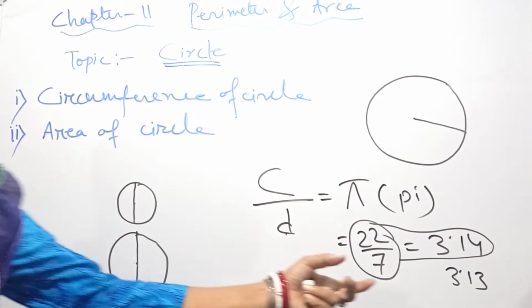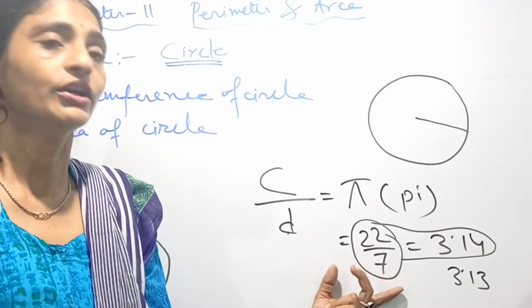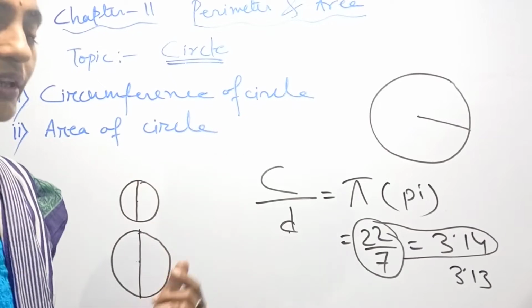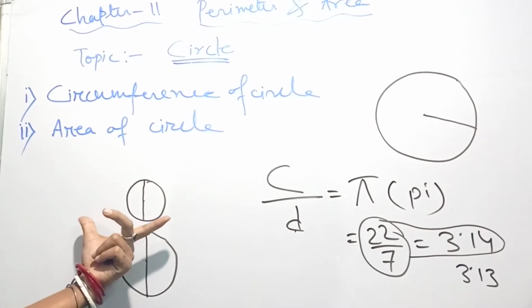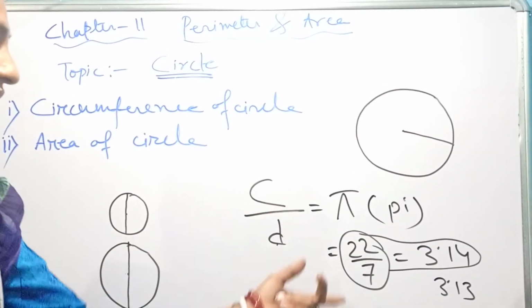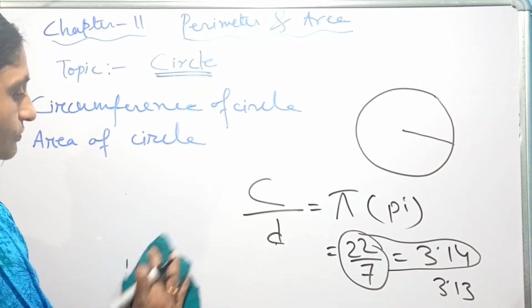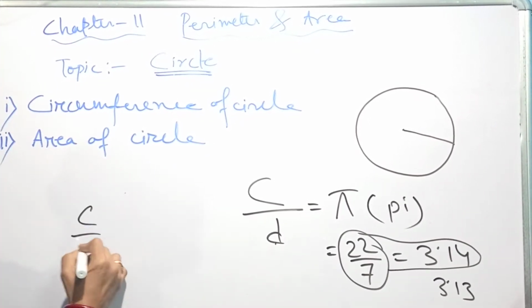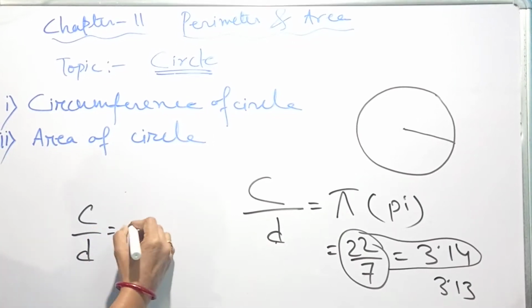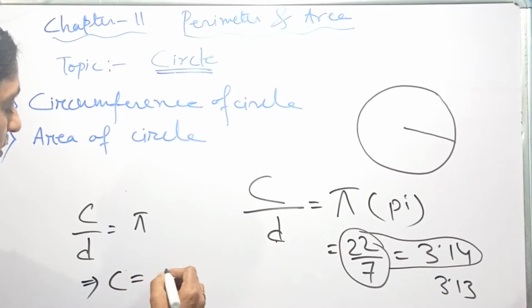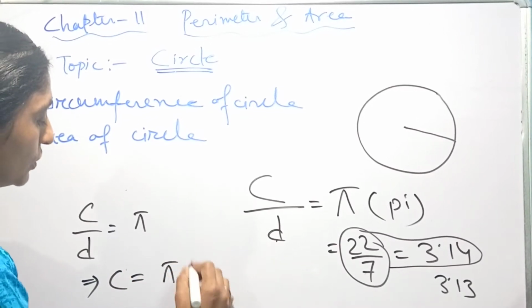Now that we have this number pi, it will be easier to find the circumference of any circle. The relation is circumference by diameter is equal to pi. So we can write circumference is equal to pi into d.